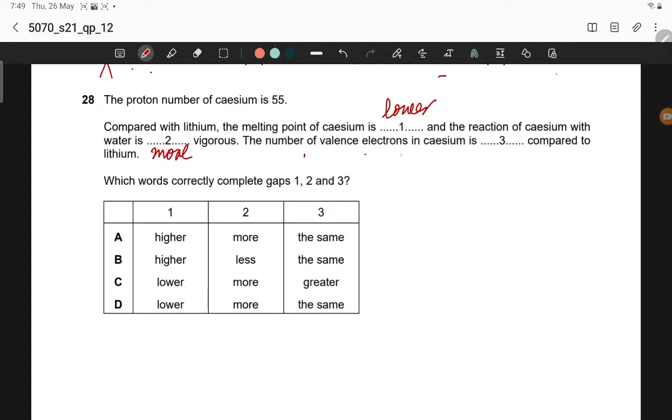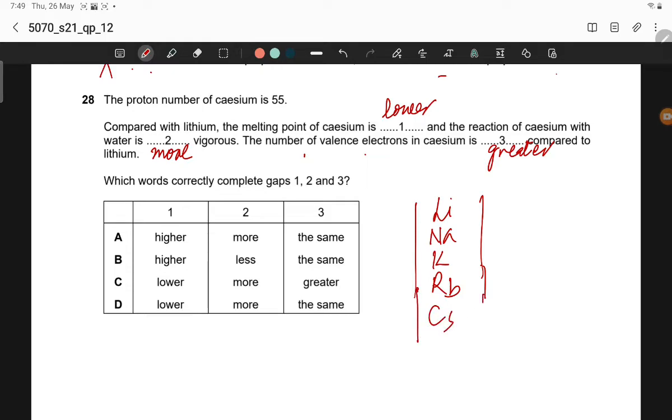The number of valence electrons in cesium is greater compared to lithium, because lithium is present in the second period while sodium, potassium, rubidium, cesium are present in lower periods, up to the sixth period. So it is greater compared to the lithium metal.